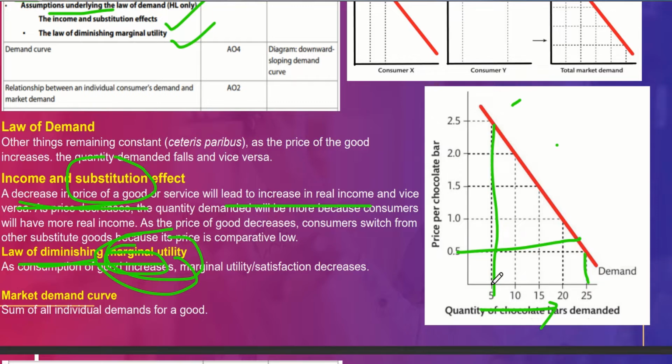When you buy another unit, you will have a little less satisfaction than the previous one. Then when you buy the next one, the satisfaction is falling lower. This is said to be the law of diminishing marginal utility. So that is also one of the reasons the demand curve is downward sloping.